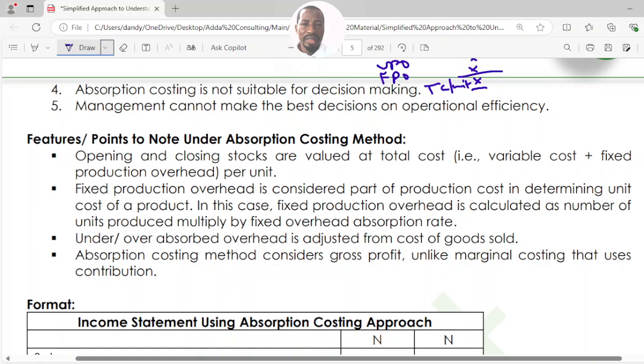When you want to prepare the income statement using absorption costing, fixed production overhead must be part of production cost. Not only that, opening and closing stock are valued at total cost per unit. And lastly, any other cost, be it variable or fixed, that is not related to production will be deducted from the gross profit in arriving at the profit or loss.